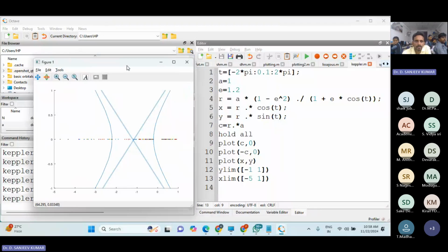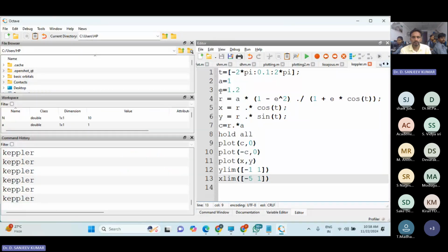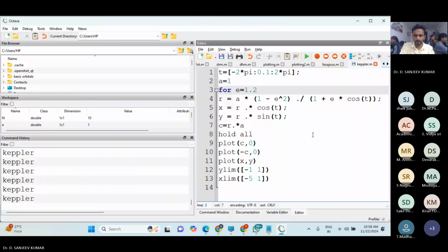So to see all these plots in a single graph, I'll use a for loop. So for E is equal to 0, 0.3, 1.2.